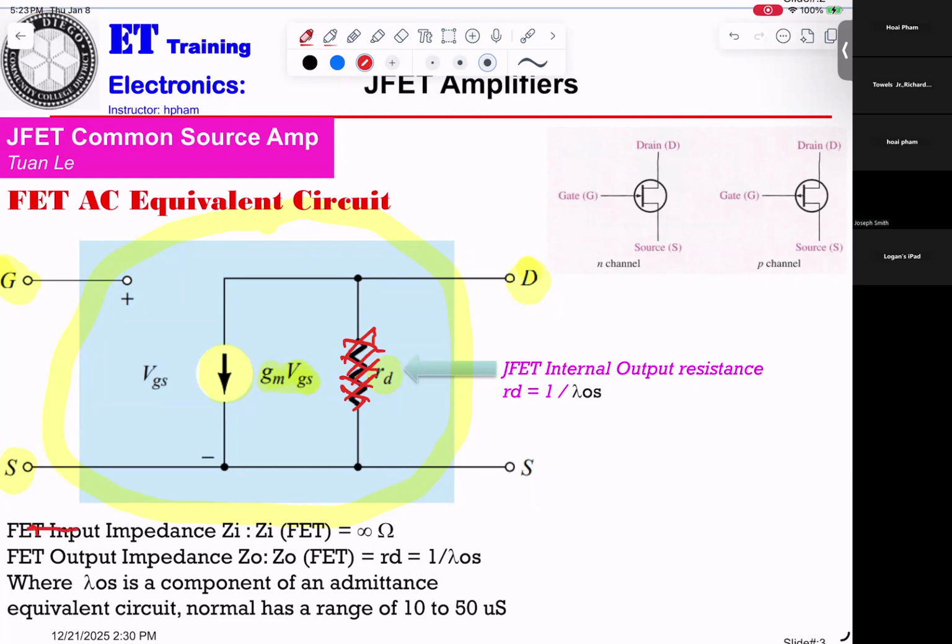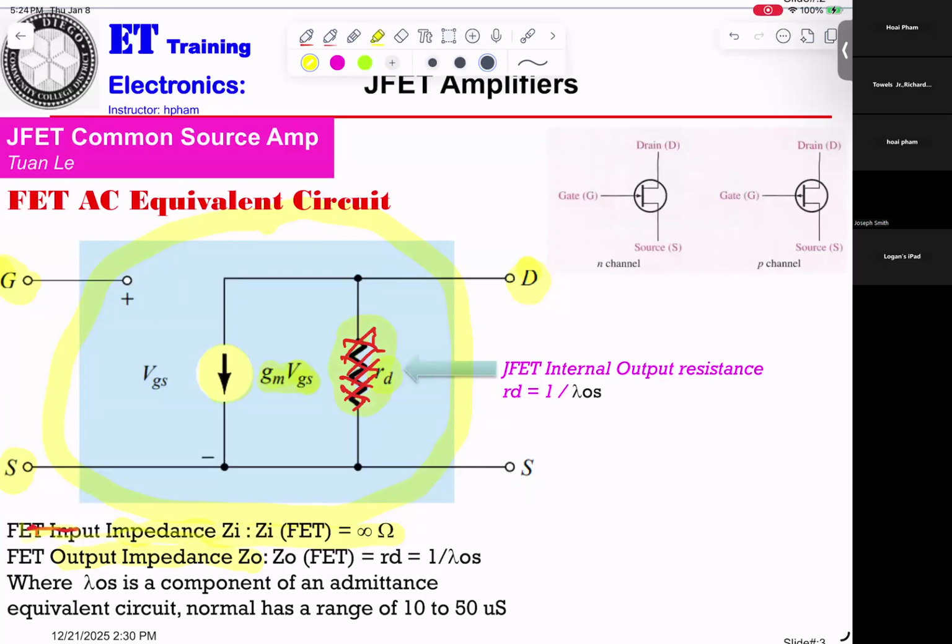JFET input impedance equals infinity. The FET output impedance Z0 equals rd; that's what they're talking about, that one here.